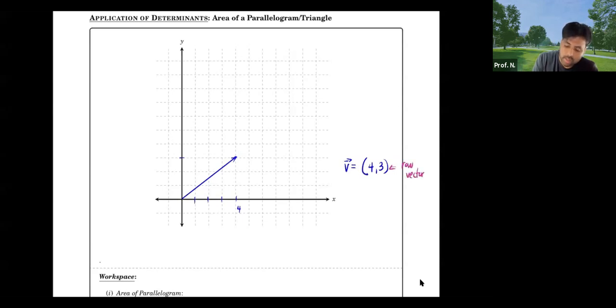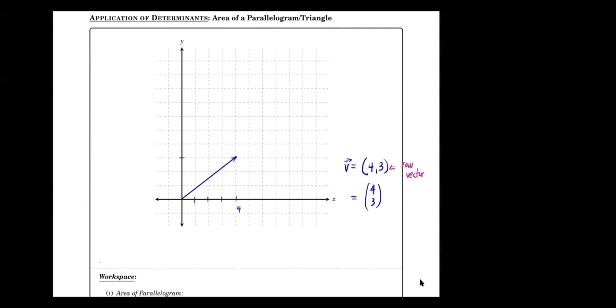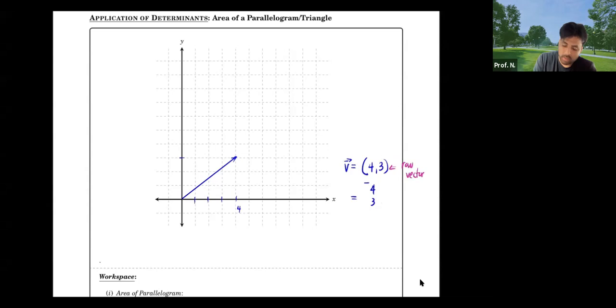You can also write this as a column vector, which looks like this, 4, 3. It almost looks like a binomial coefficient, so sometimes we use a bracket here. This would be the column vector. We normally use column vectors for vectors.